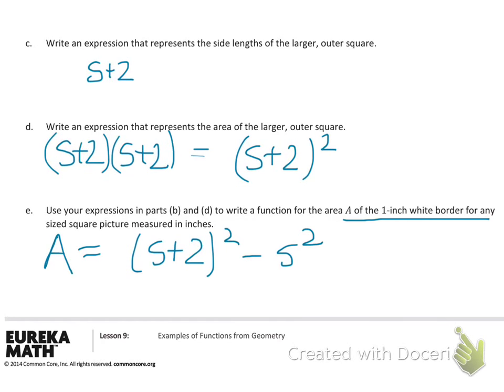And that gives me a function for the area. So I can say that area of the border is a function of the side length of the inside square. So area is a function of side length.